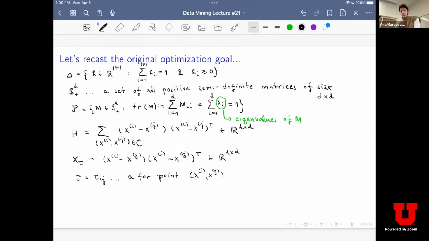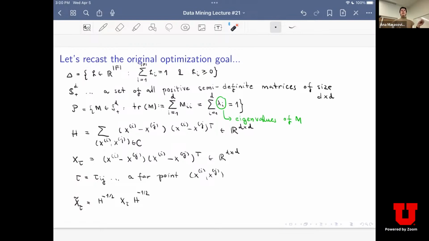All right, and the final thing we'll need is, I promise, the final thing, x tilde tau. We are going to take our H. We are going to calculate H to the power of minus 1 over 2, and we're going to multiply it with x tau, and then again with H to the minus 1 over 2. Now, all this is doing is we are taking this x tau, our outer product between far points, and we want to use that to say, let's maximize this.